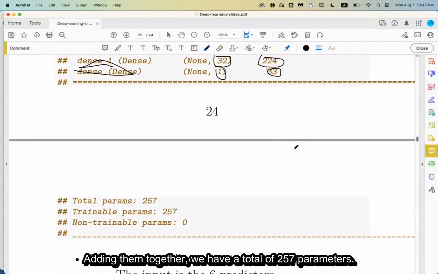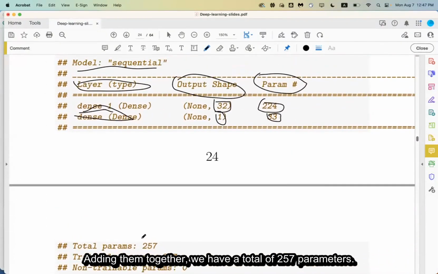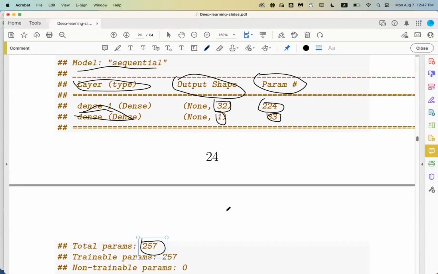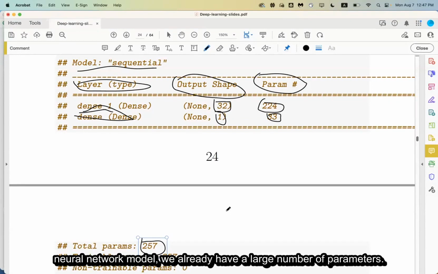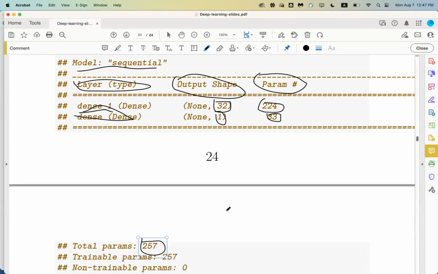So in total, we have 33 parameters in this layer. Adding them together, we have a total of 257 parameters. Notice that even for this very simple neural network model, we already have a large number of parameters.